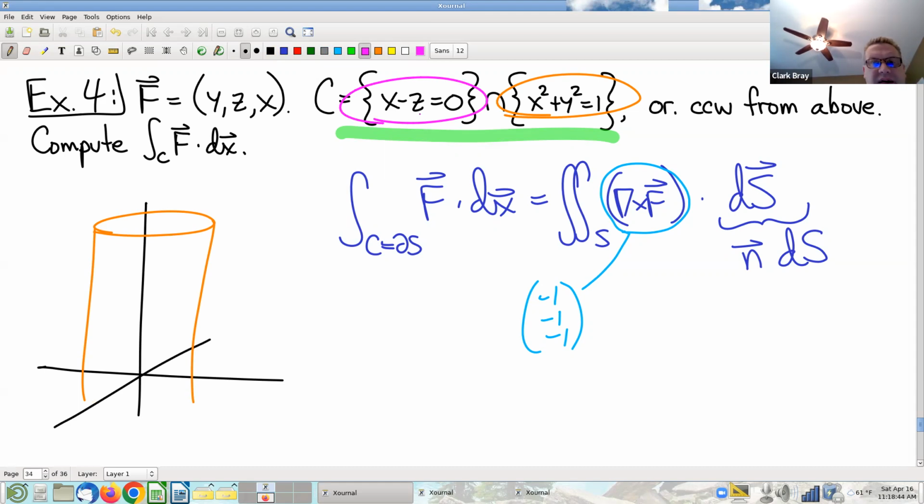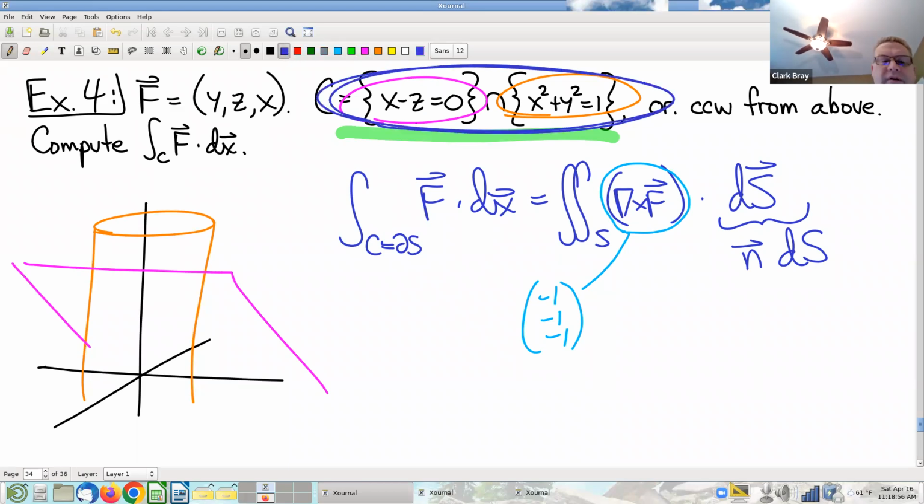Oh, let's see, x minus z is 0. Okay, so that's going to be a little bit hard to draw accurately, but anyway, so the intersection here, that intersection is an ellipse, something like that.